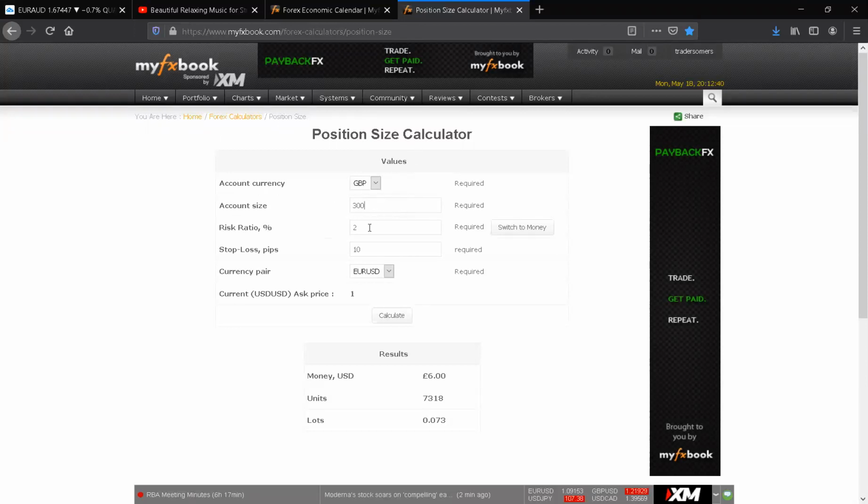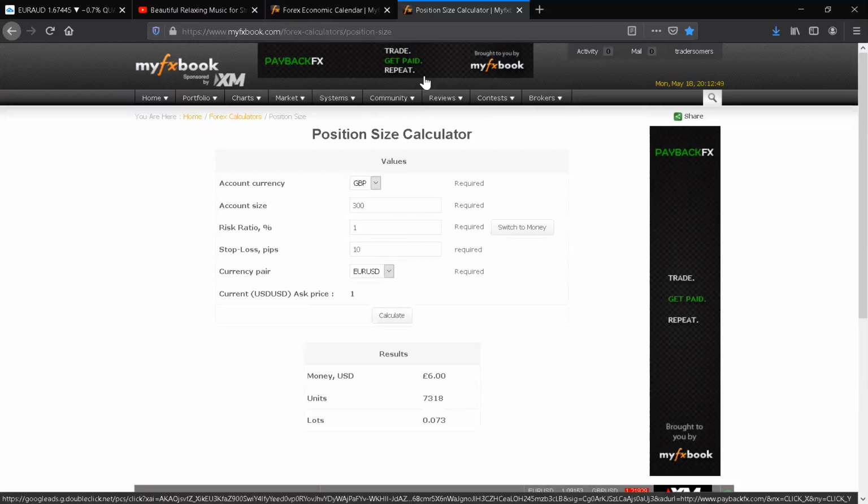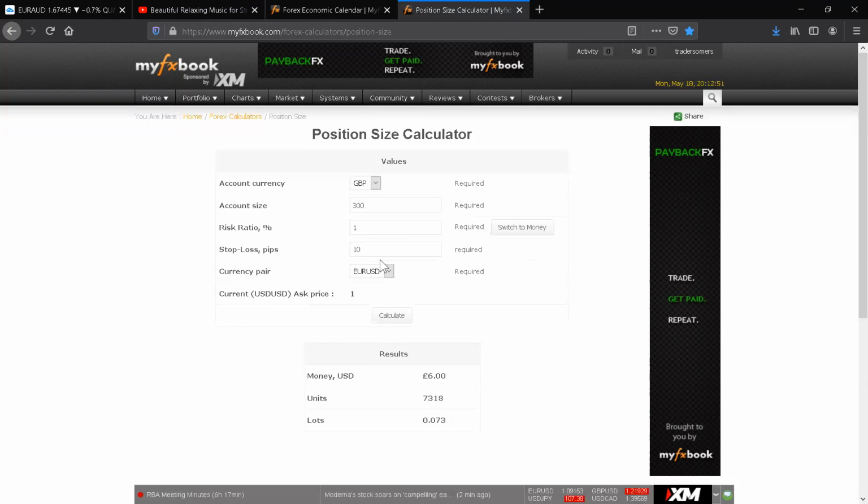Let's pretend we've got £300 in our account. We're risking 1% because it's a 1-to-3 trade. The stop loss, let's just say it's going to be 10 pips. The trade is Euro AUD. So let's find Euro AUD. You just press calculate.